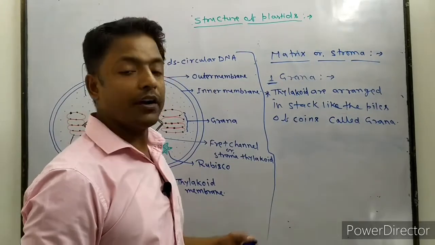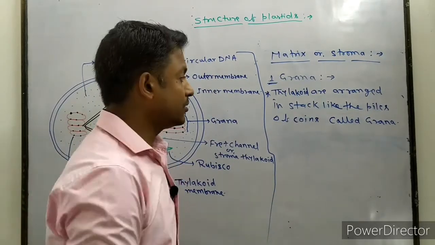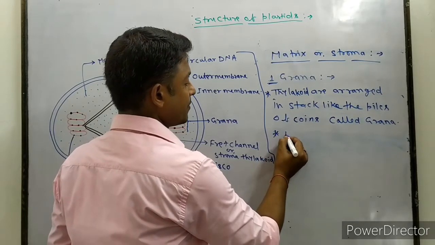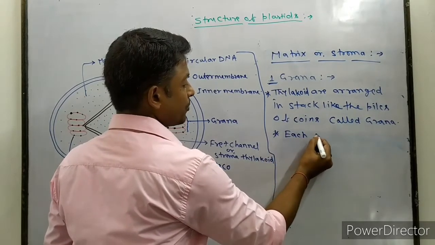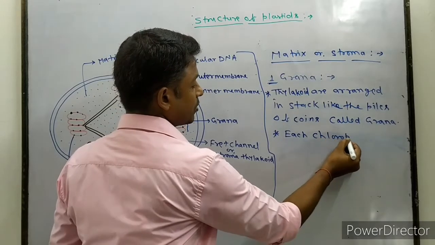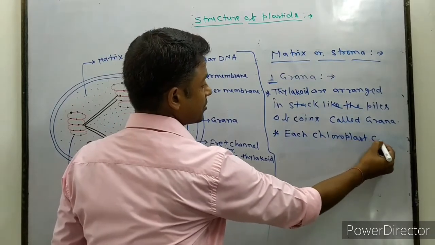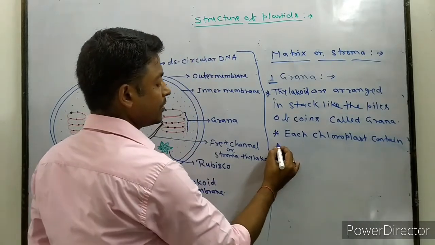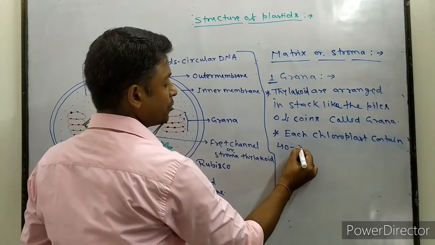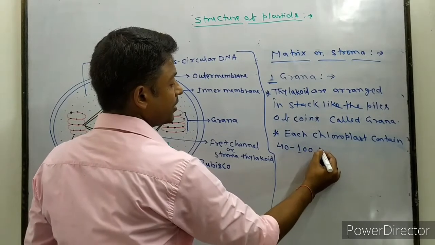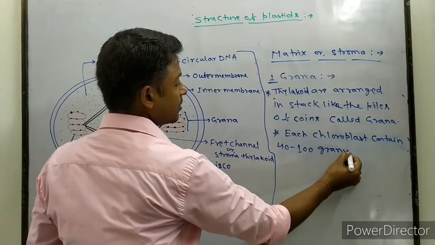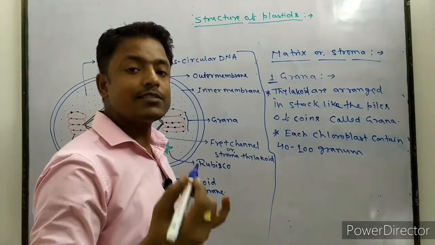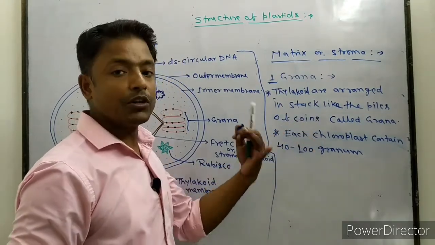Next point of grana: each chloroplast contains 40 to 100 granum. Granum is singular and grana is plural.